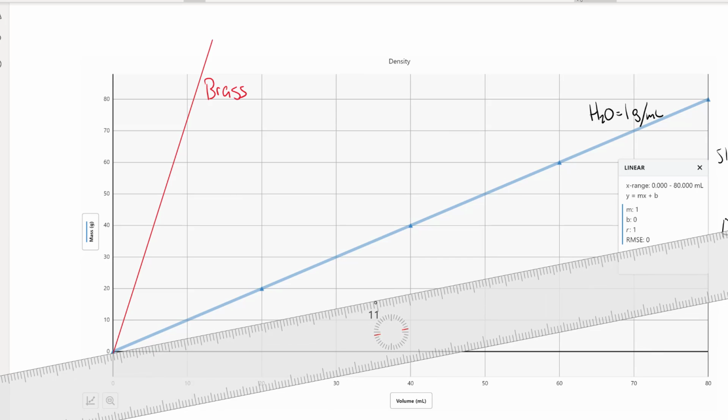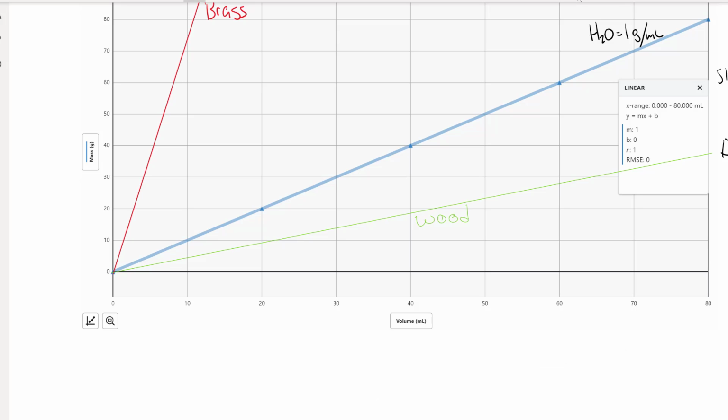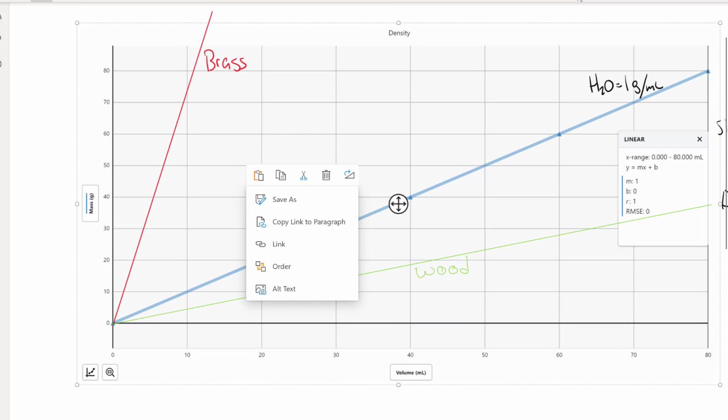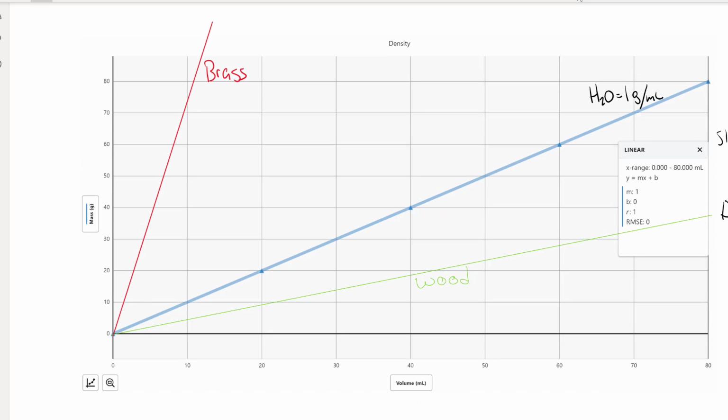You would have gotten something down here, maybe something like this. Wood or the white block. So the question here is, what would happen if we were to place these two different substances in the water?